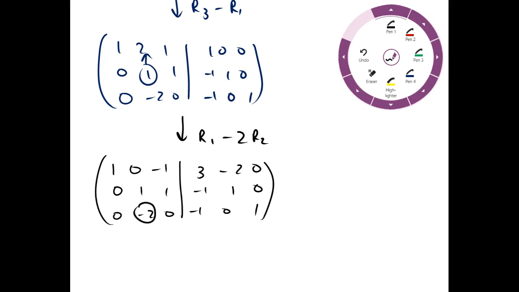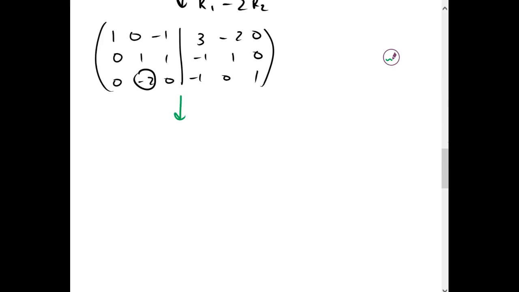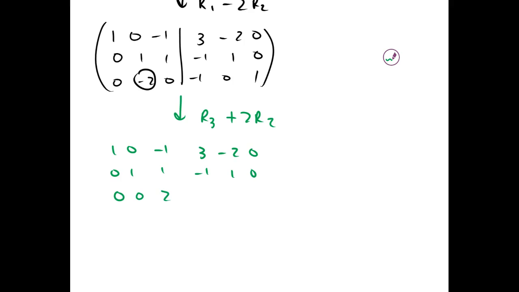And now we want 0 here, so we're going to take R3 and add 2 of R2 to it. That's going to give us 0, 0, 2, negative 3, 2, and 1.